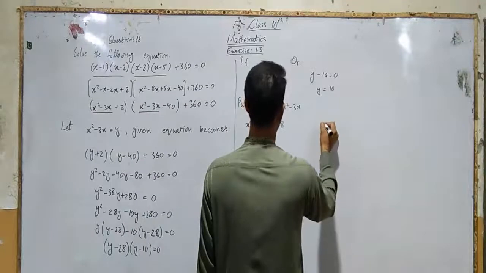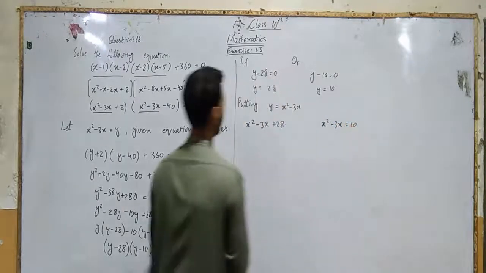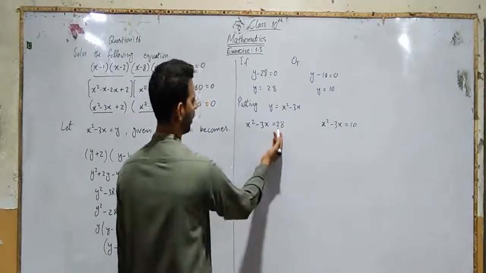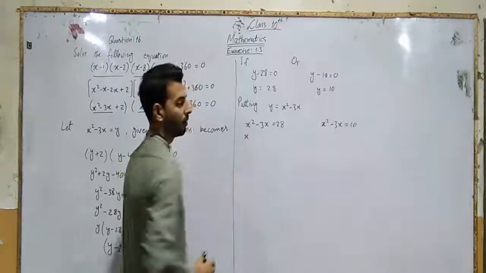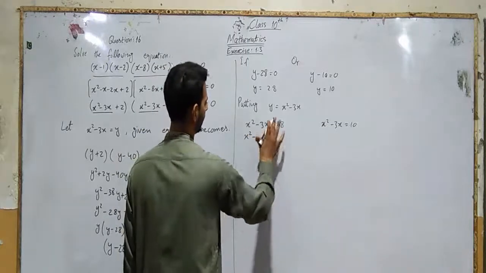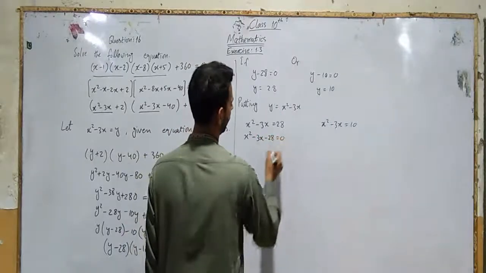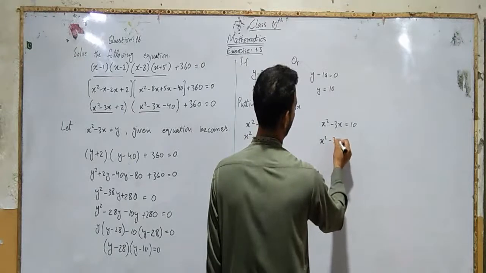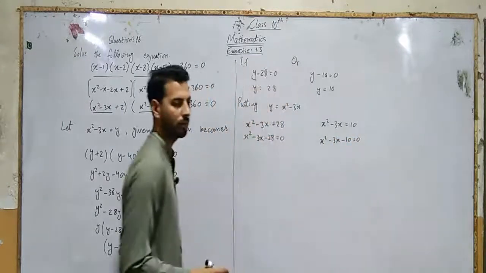Here we have x squared minus 3x equals to 10. Students, we will take 28 from that side to this side, so it will become a standard form again. x squared minus 3x minus 28 equals to 0. x squared minus 3x minus 10 equals to 0.